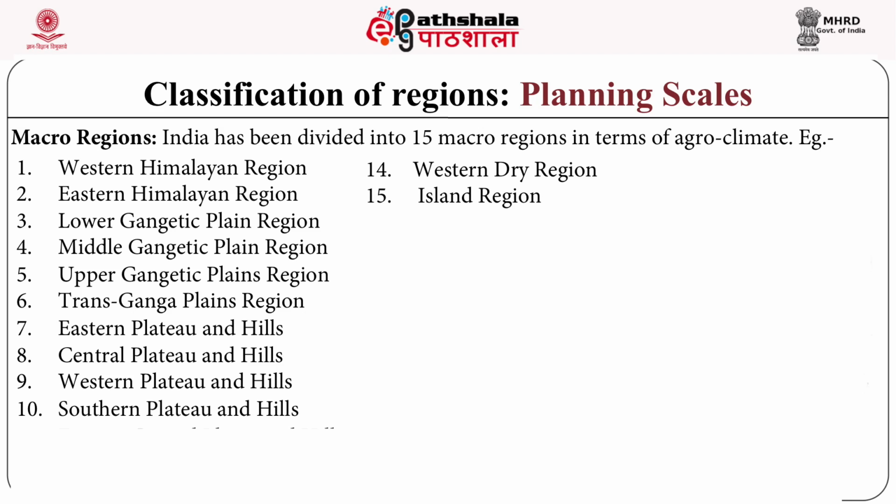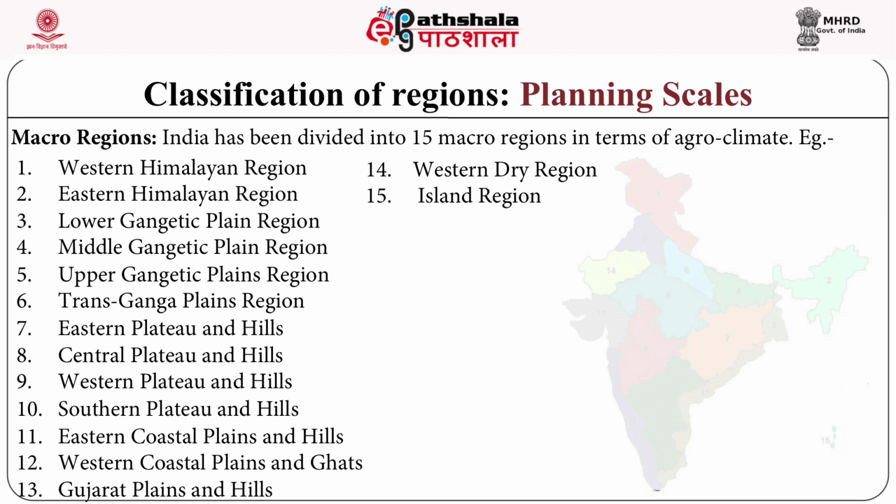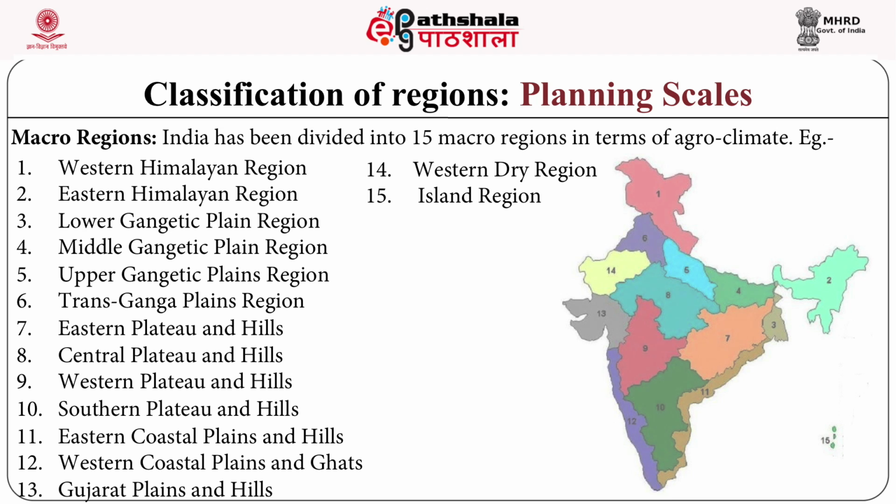But if we look at agroclimatic zones, India has about 15 agroclimatic zones, and as you can see in the drawing, all those zones are mapped: from the western Himalayan region to the eastern Himalaya, then the Gangetic Plain region, the eastern plateau and hills, the eastern coastal plains and hills, then the dry region of the west. So there are about 15 agroclimatic zones, and they can also be called macro regions.